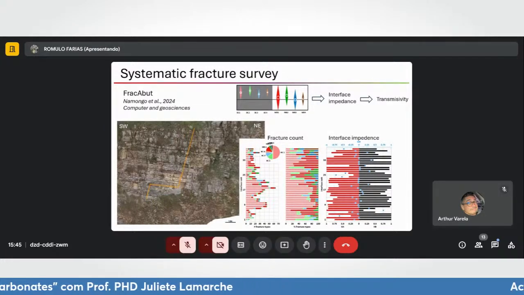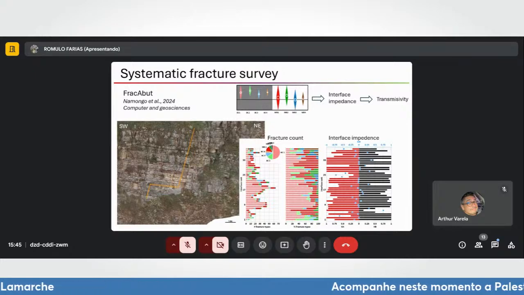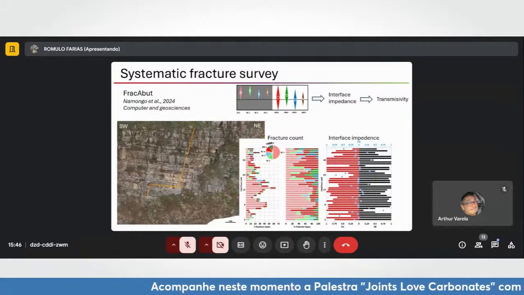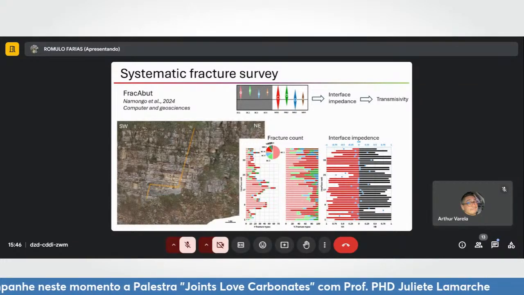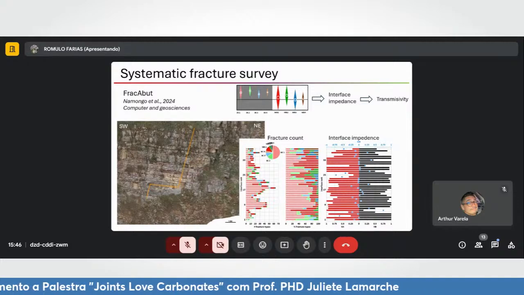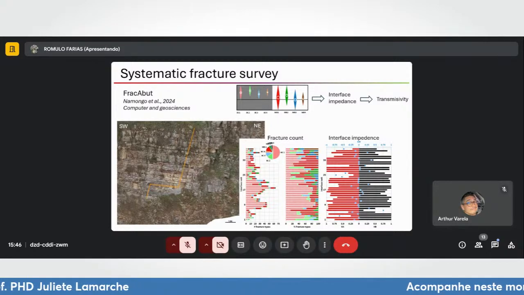These are percentages, and you see that half of the fractures are pink, that means this type, that means bed confined. And the other ones are mostly bed confined and a little bit are crossing. That means that fractures will not connect different beds, except some of them from time to time.